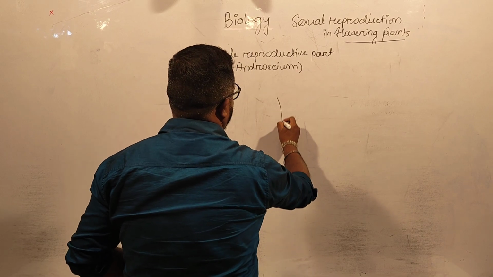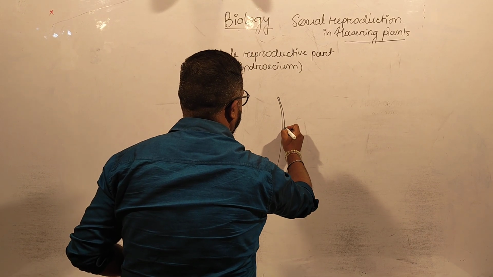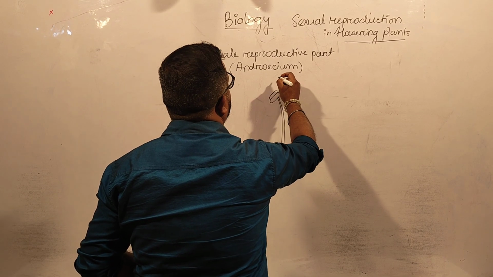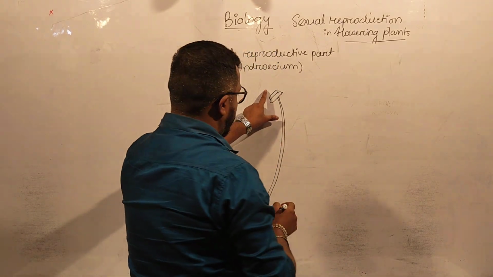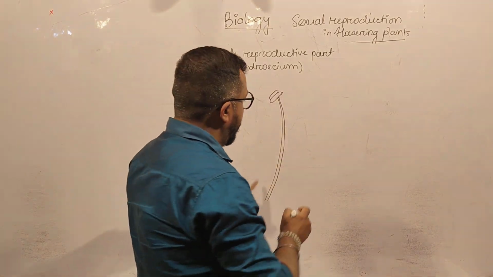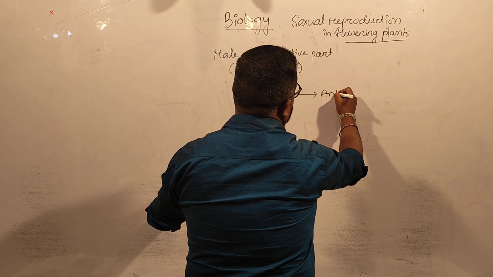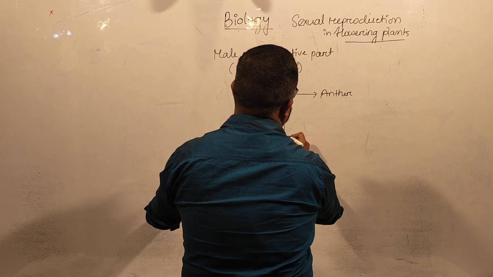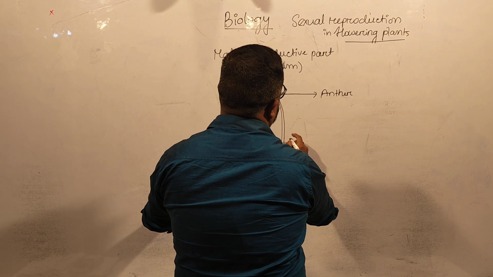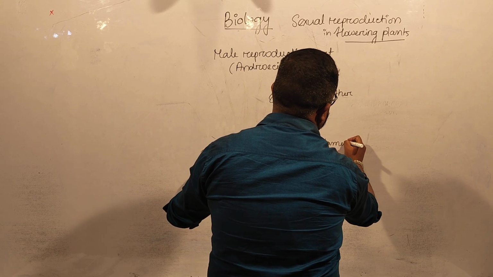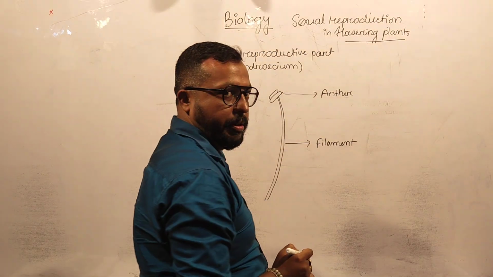The individual parts are known as stamen. So this is one stamen. Now this stamen has two parts. This is the anther and this is the filament. Anther and filament.